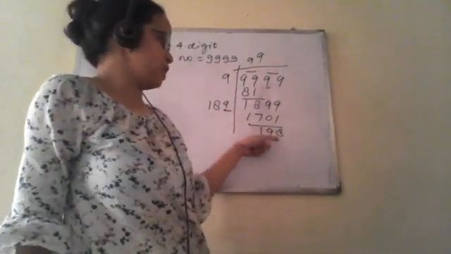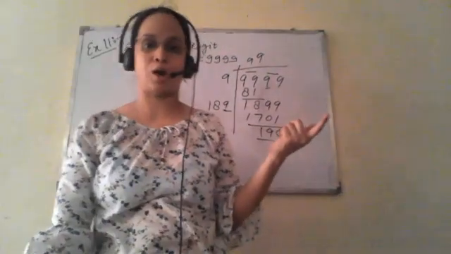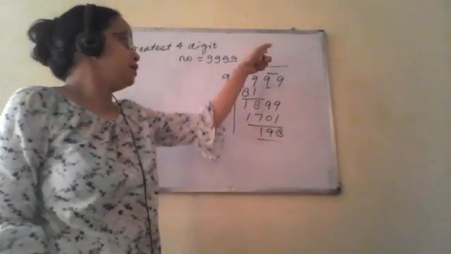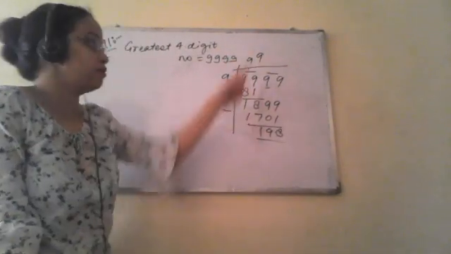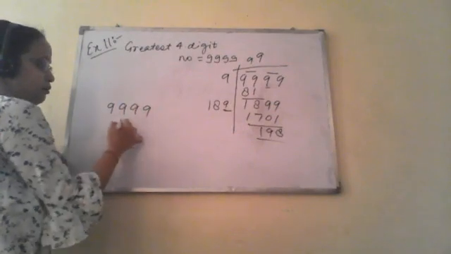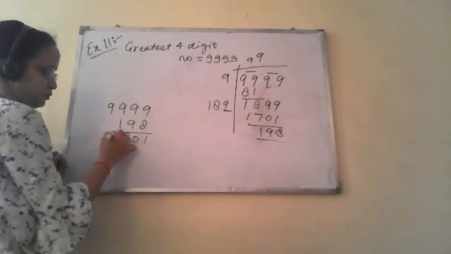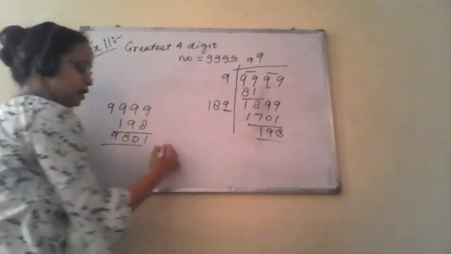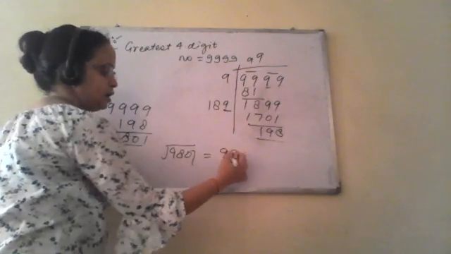That means if we subtract this 198 from this 9999, we will get the perfect square, and the square root of that resultant number will be 99. So we will subtract 198 from this. The resultant number is 9801, and the square root of this will be 99. Clear?